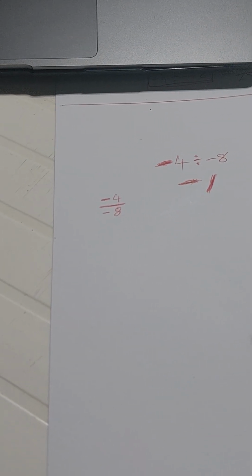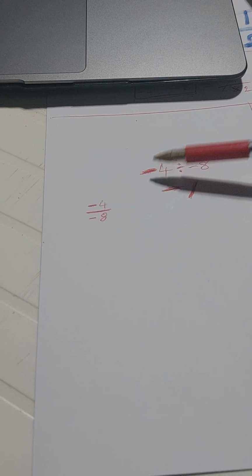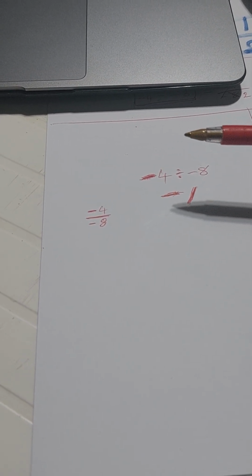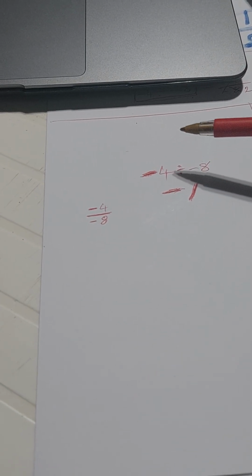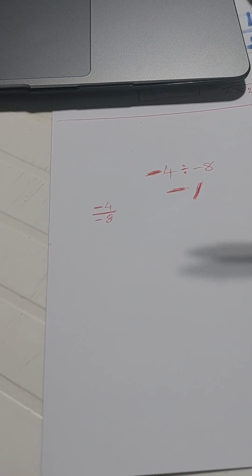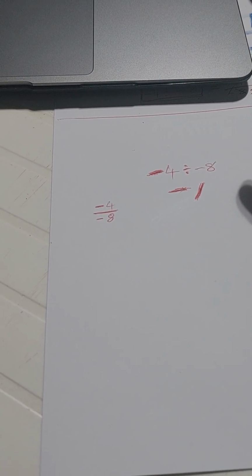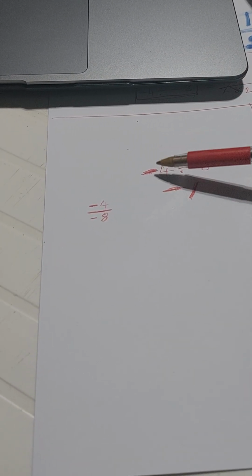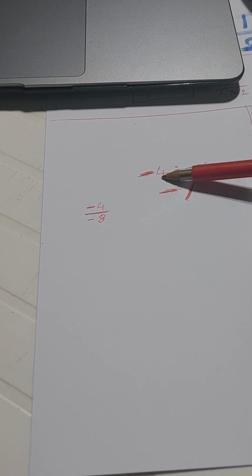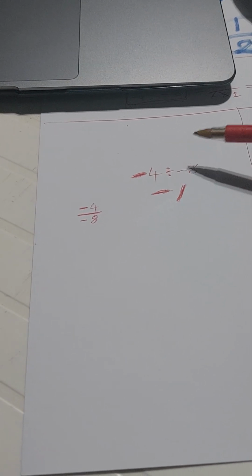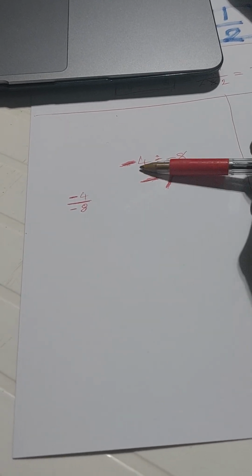Why like this? Because in mathematics, when you have 2 numbers in a situation like this, the one at the front is the one you're going to divide and share among the one at the back.